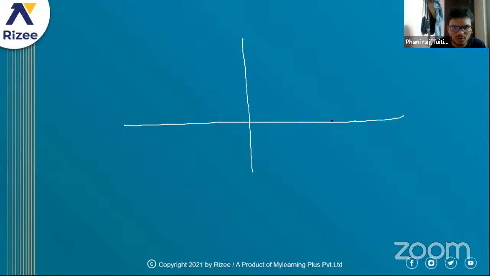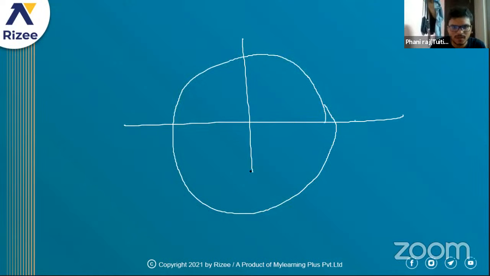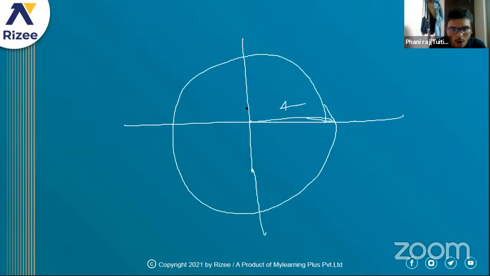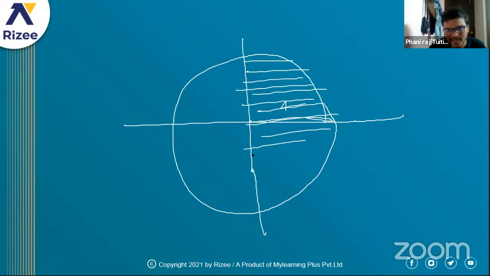We'll first draw the locus of S1, which is mod Z equal to 4. So this is a circle of radius 4. Fine. This is S1. And the second one says real part of Z is greater than 0. All the points which are lying to the left of the circle have real part of Z less than 0. So we should only consider this entire part for S1 and S3.